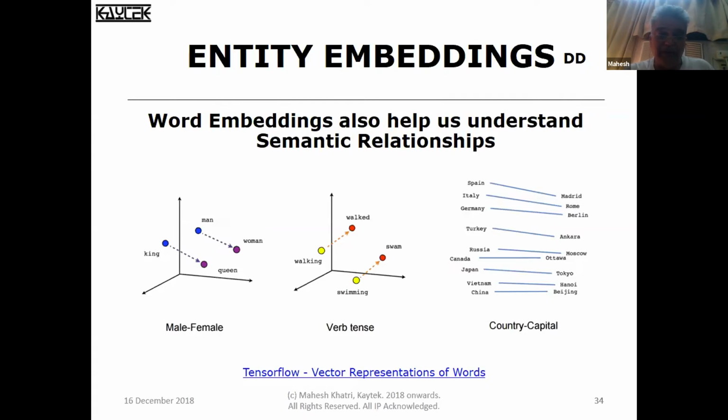The link which I have shown over here, which is a TensorFlow link, talks about the vector representation of different words. The embedding also works in the context of verb tense. So the walking and walked relationship is the same as the relationship between swimming and swam. Again, these are all concepts which the neural networks have learned based on the generation of mathematical values for each of these different words which have been shown over here.